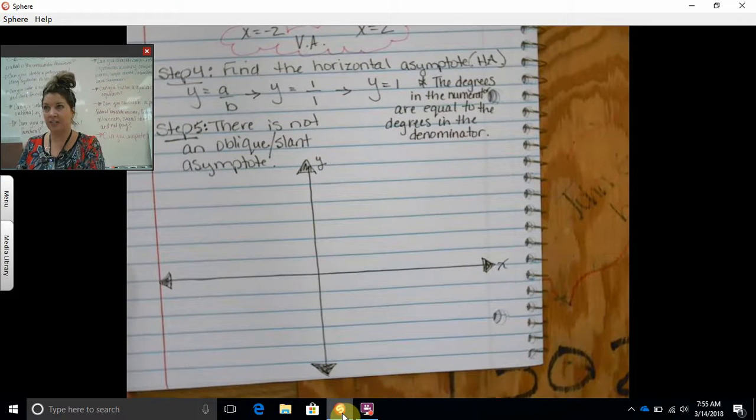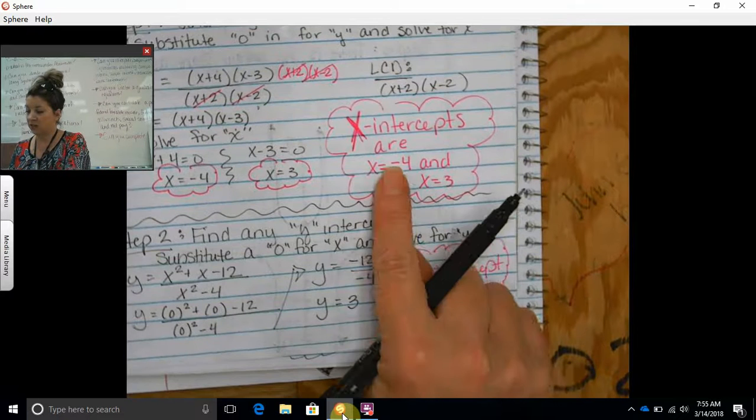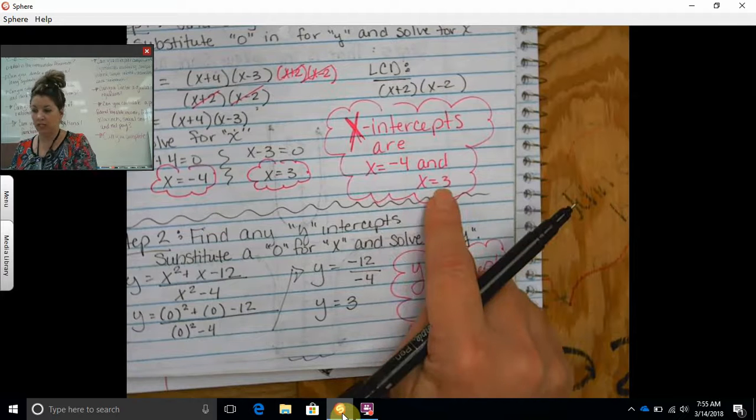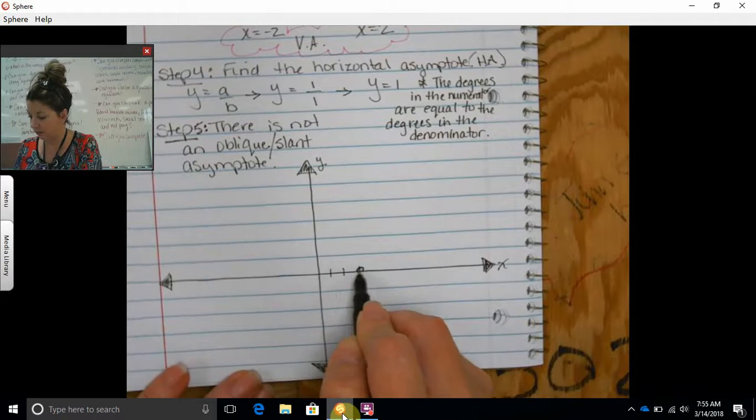And I'm going to go back to step 1 and look back and see the things that I found for my graph. Step 1, we had to find the x-intercepts. And if you go back and look, we found that our x-intercepts are -4 and +3. So I'll plot those points on my x-axis.